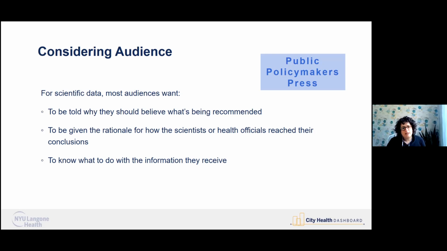When sharing scientific data, your audience wants to know why they should believe what's being recommended or shared with them. They want to be given the rationale for how the scientists or health officials reached those conclusions, and they want to know what to do with the information they've received.